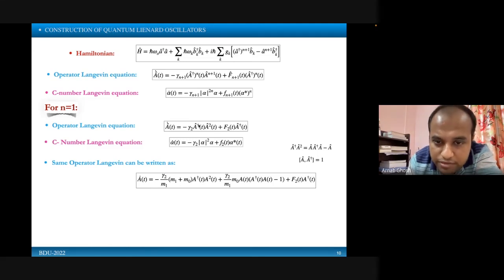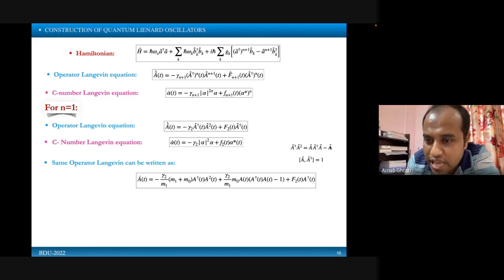If you take the average with this normal ordering, you get this standard form. Now what you can do is forget the C number Langevin, start with the operator Langevin, use the commutators, and write down this a dagger a squared in this form.